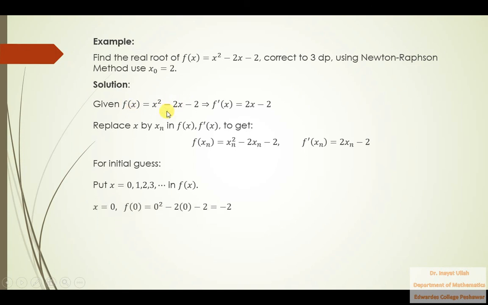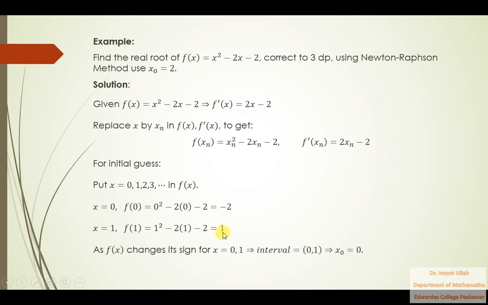Whenever we put x equal to 0 here, we get f of 0 equal to minus 2. Whenever we put x equal to 1, we get f of 1 equal to 1. So we see that f of x changes its sign, minus 2 and plus 1.